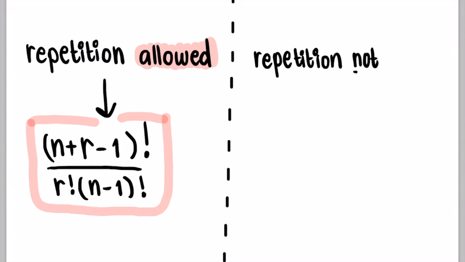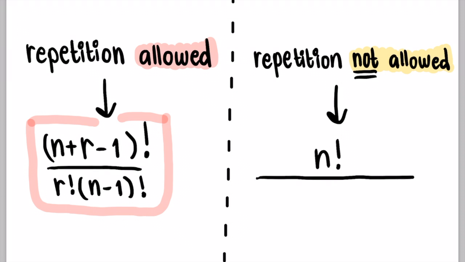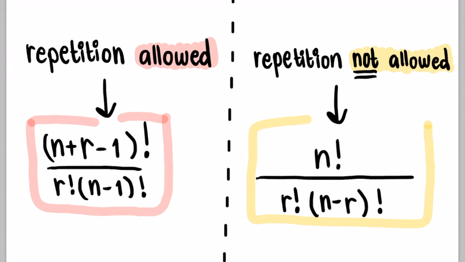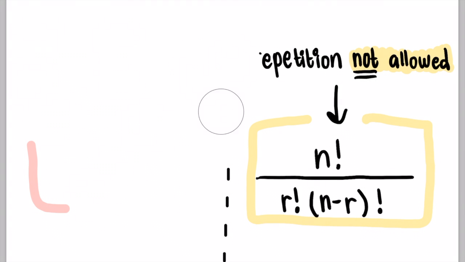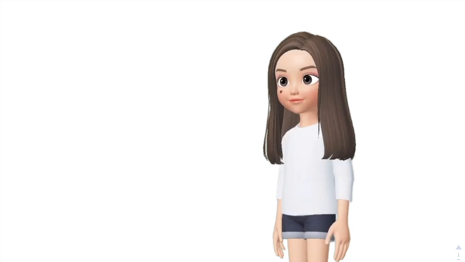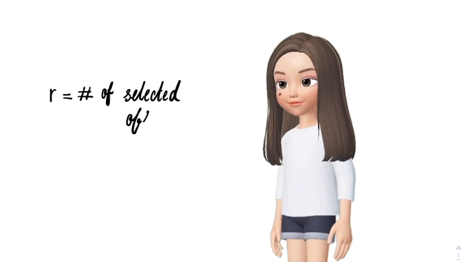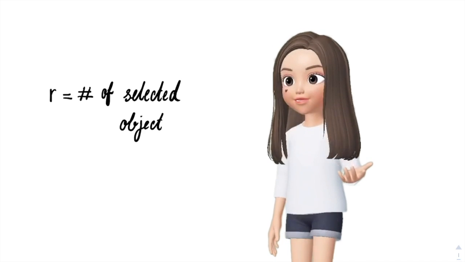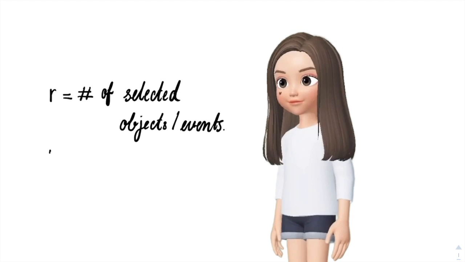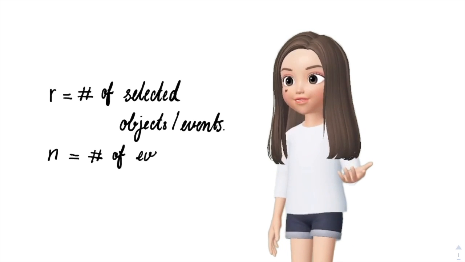But if repetition is not allowed, we use this formula. As we can see in the formula, R represents the number of selected objects or events, and N represents the number of objects or events.